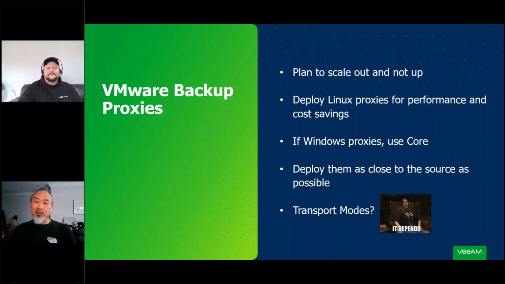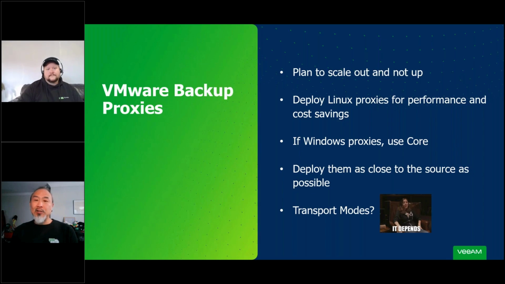One of the decisions that you'll have to make is deciding between Linux and Windows. Some of the considerations there are the Linux expertise of your team. Some companies don't have people who are very confident in managing Linux servers. In that case, they will probably decide to deploy Windows proxies.